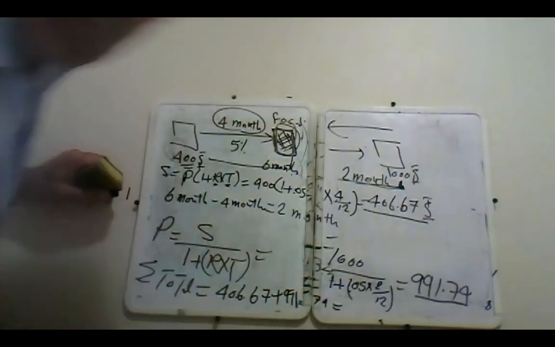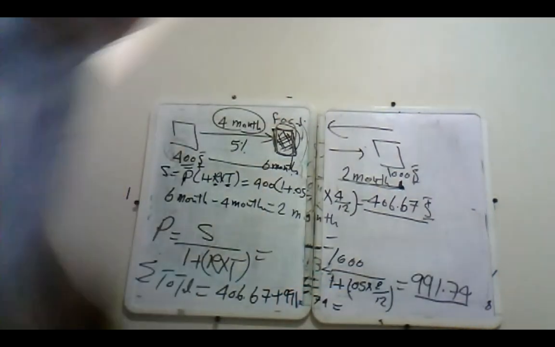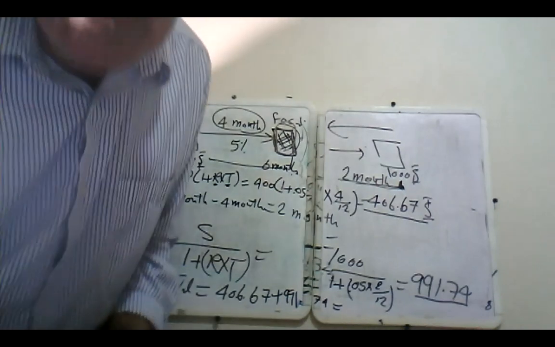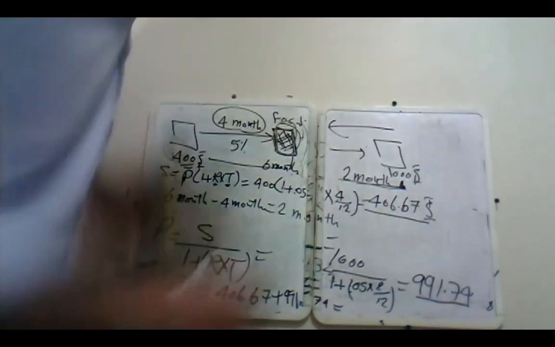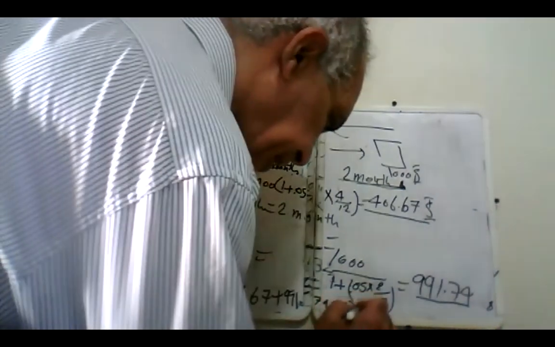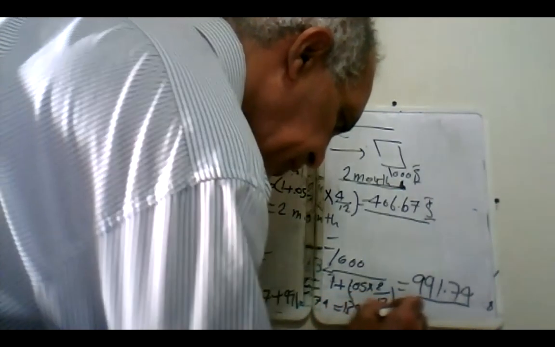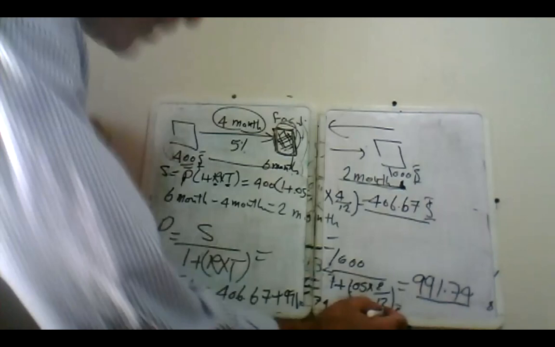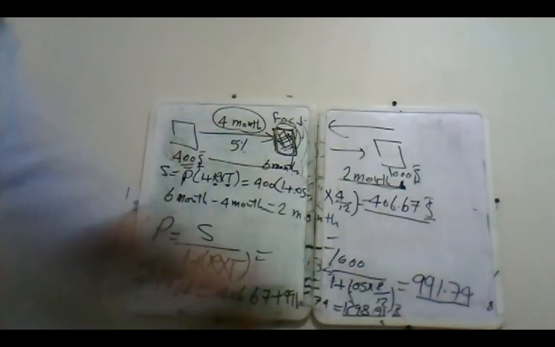This all comes to the equivalent payment, which will be $1398.41. This is the amount on the focal date.